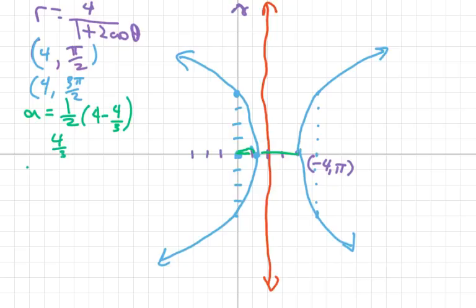So your center is, you add 4/3 to your directrix, 2 plus 4/3, comma 0, and that's going to be 8/3. So our center is 8/3, which is a little bigger than 2, almost close to 3, right about there.